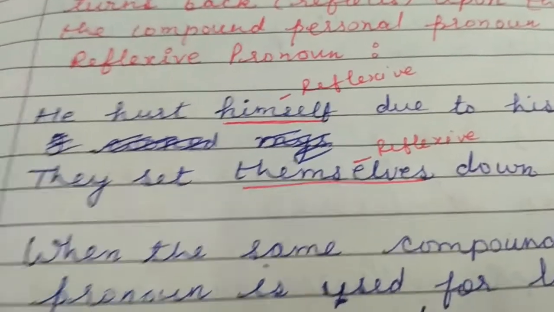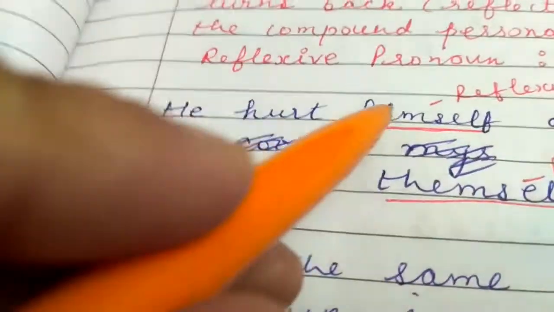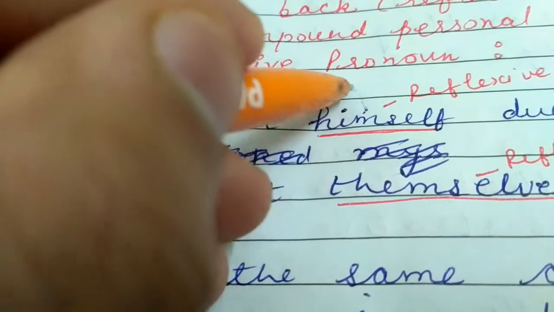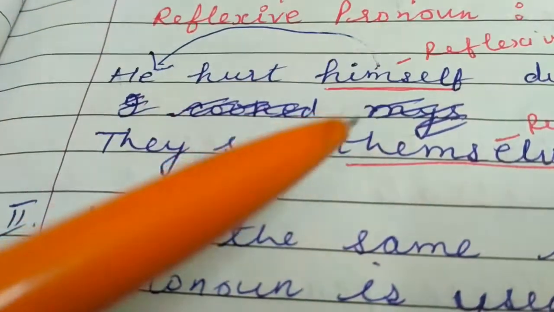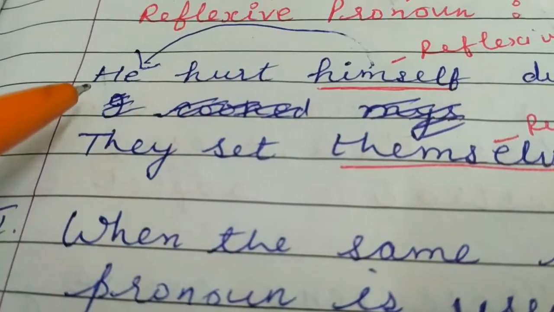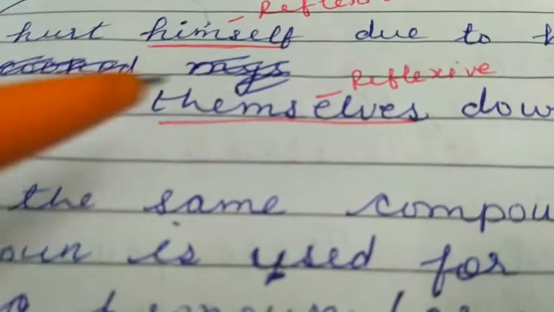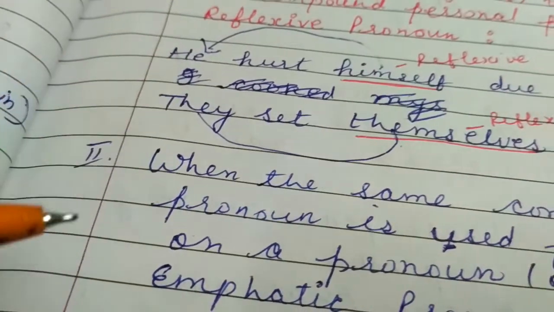Now let me explain what a reflexive pronoun is. Dear students, a reflexive pronoun is that pronoun which refers back to the subject. You can see here that himself is referring back to the subject he, and again themselves is referring back to the subject they.